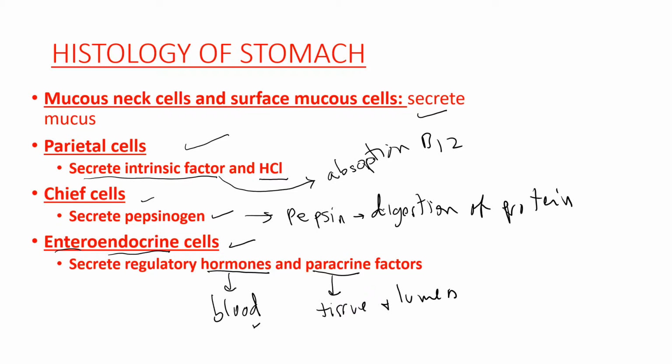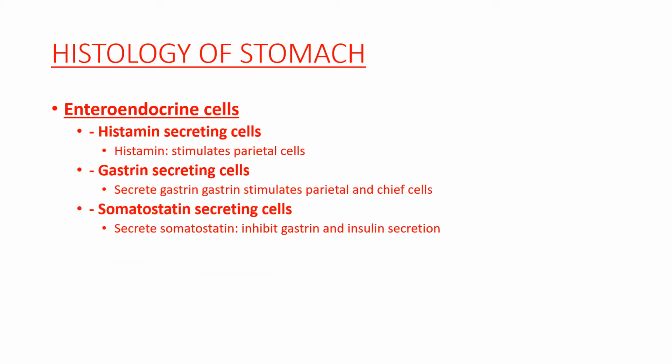Both hormones and paracrine factors are going to influence the activities of the stomach. Enteroendocrine cells of the stomach secrete paracrine factors and hormones like histamine, which is one of the paracrine factors that stimulate parietal cells. Parietal cells in turn will secrete hydrochloric acid and intrinsic factor.